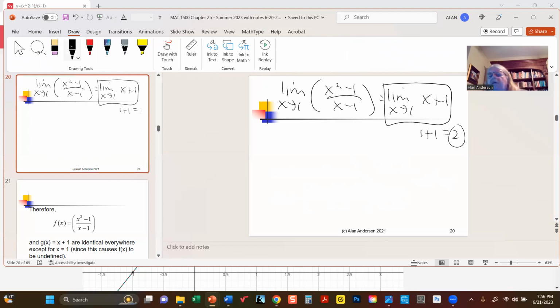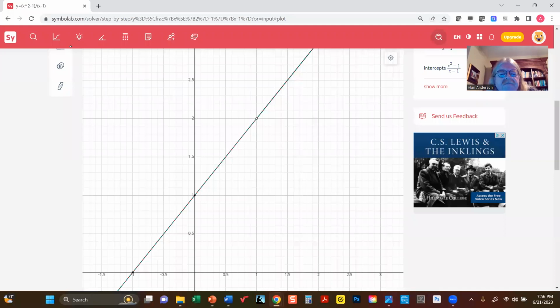So you're probably wondering, well, what does that do for us? Well, what you have to do is visualize. You've got two functions going on here.